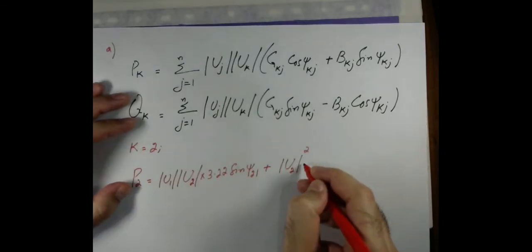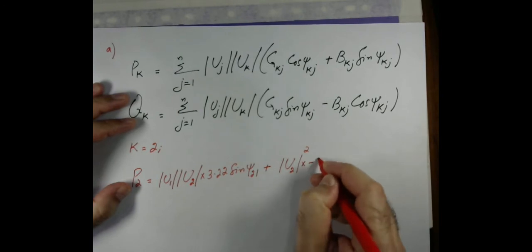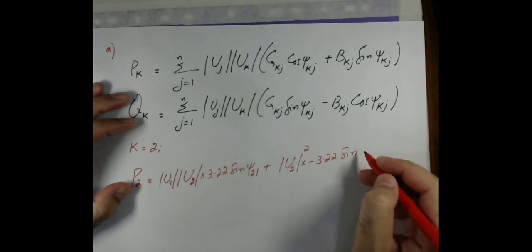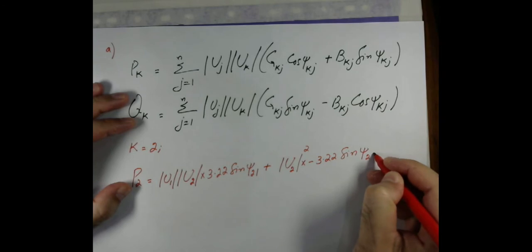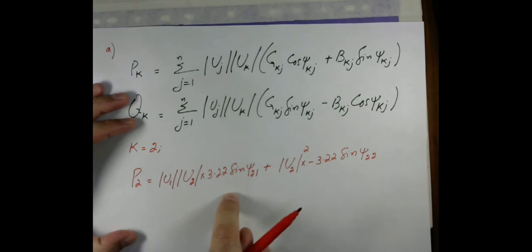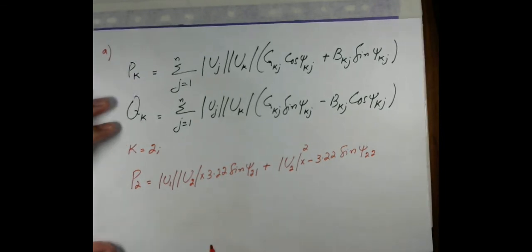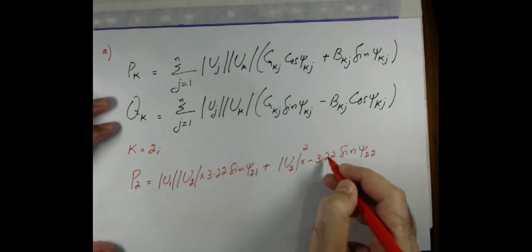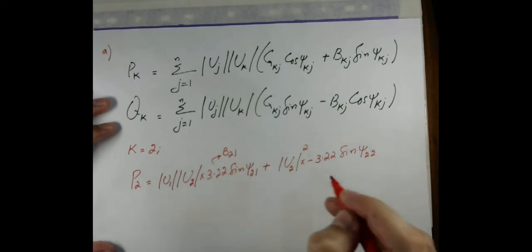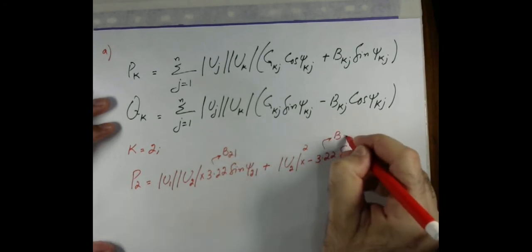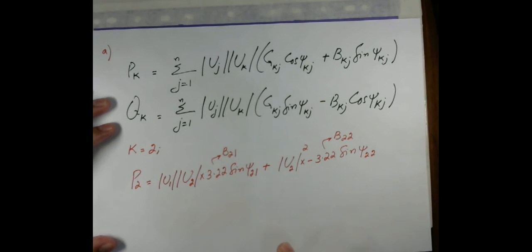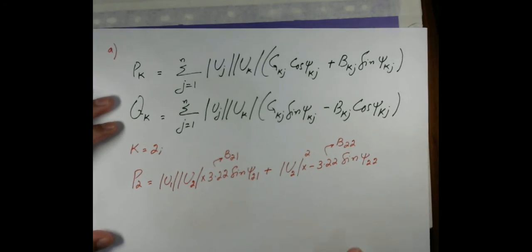So that will be u2 squared times minus 3.22 sine of psi 22, as k and j both are 2. So this is the second term and that is the first term. Similarly, one can either put the symbol, B21 and B22, or put the value directly, depending on you.